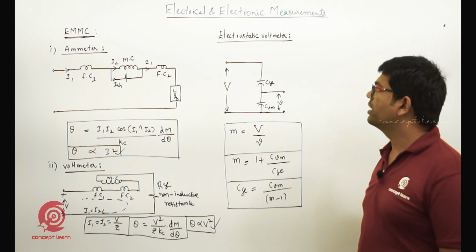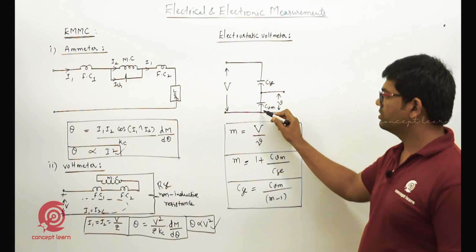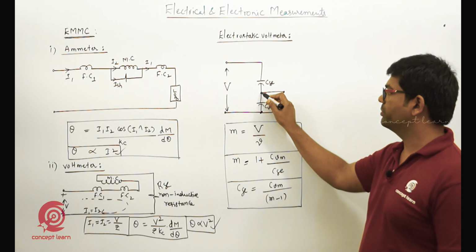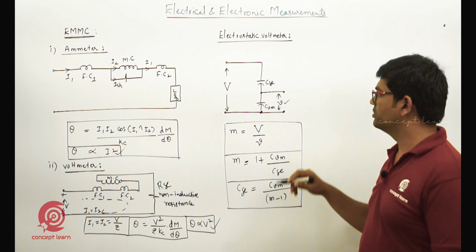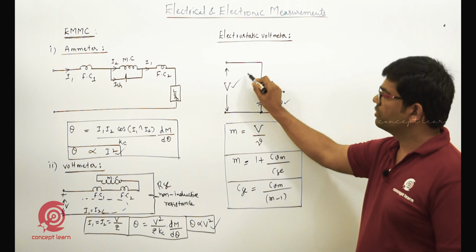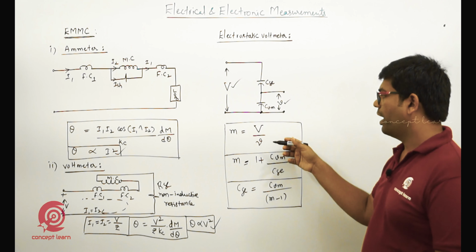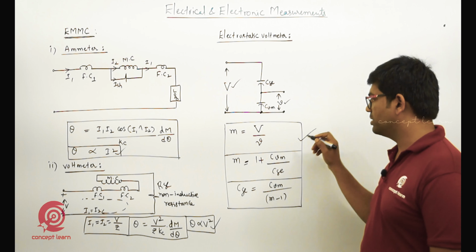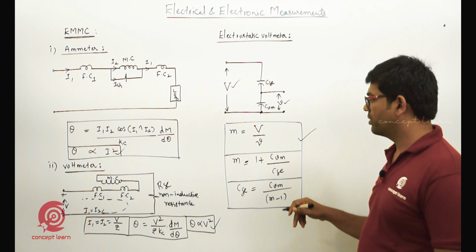Coming to the electrostatic voltmeter, the static effect means the behavior is similar to capacitance. So the basic meter is indicated with a capacitance, and it can read only voltage v, but we want to extend towards a greater voltage V by connecting a series capacitance. The multiplying factor is always the greater voltage to the full scale voltage or range of that particular meter.